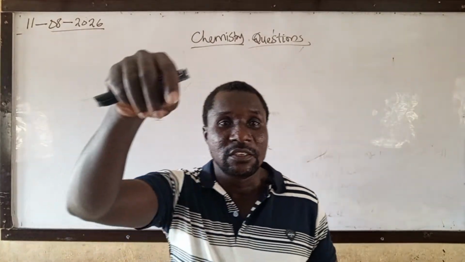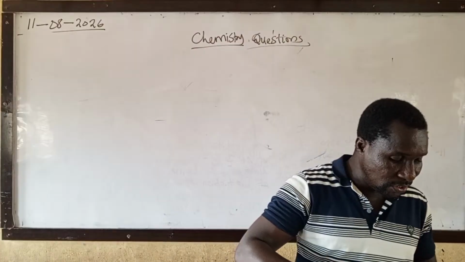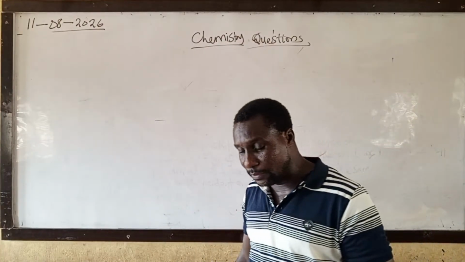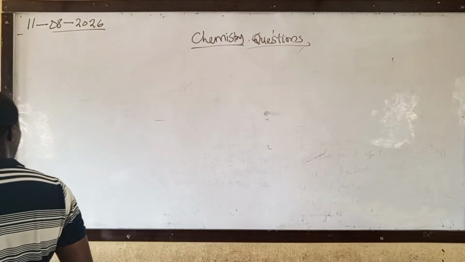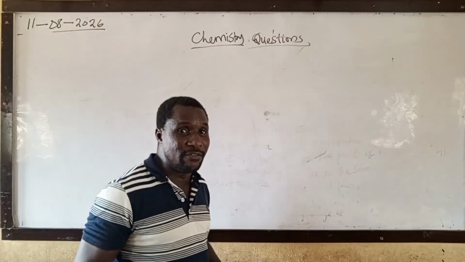Please go to the link. You will see chemistry objective questions on chemical bonding. That is where we are going to start. Let us solve some questions. This video will be the shortest video ever.